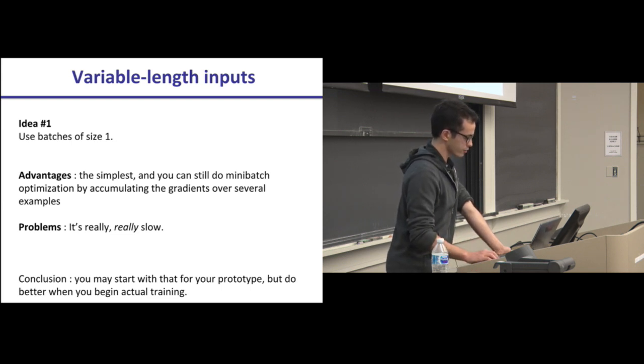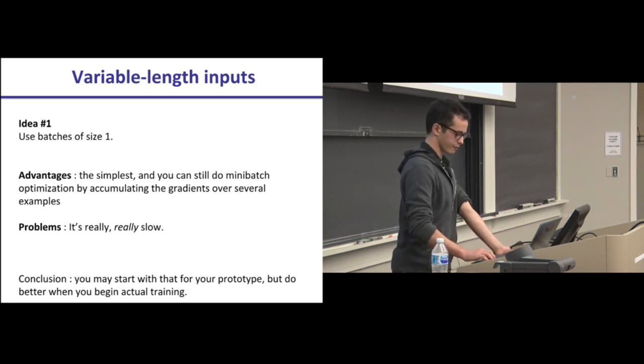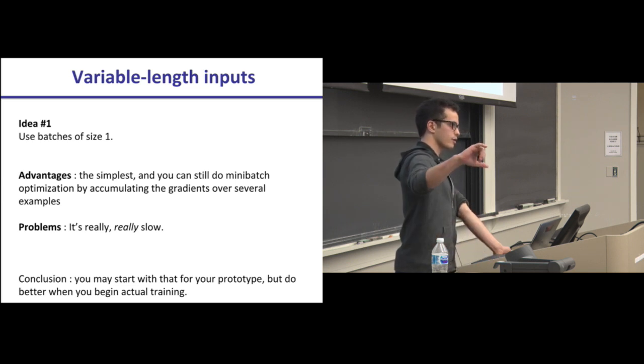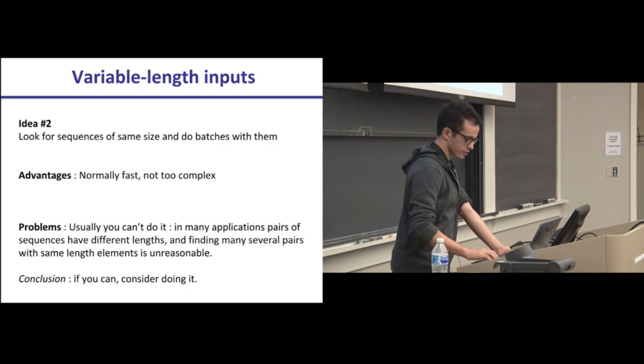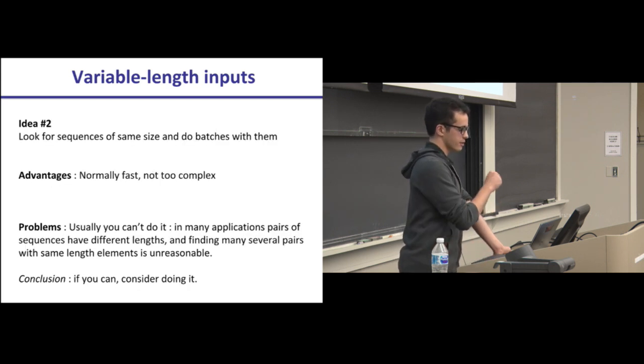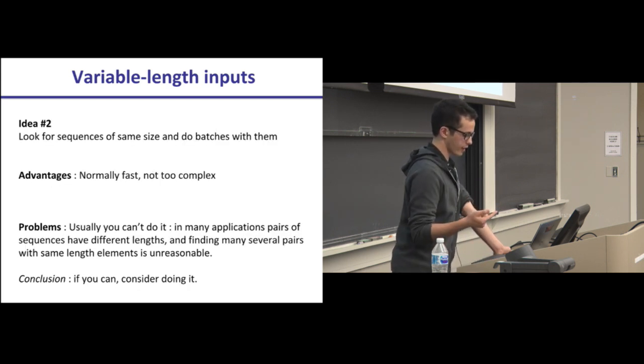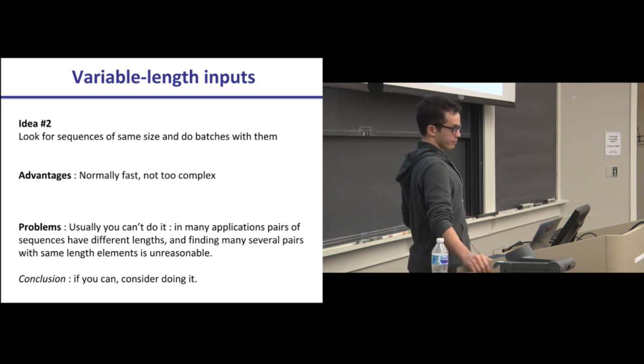Another thing you can do is take your list of sequences and, for example, extract from these all the sequences of size 5 and create batches just with sequences of size 5. So you look for sequences of the same size and do your batches with that. That's not a bad idea either.